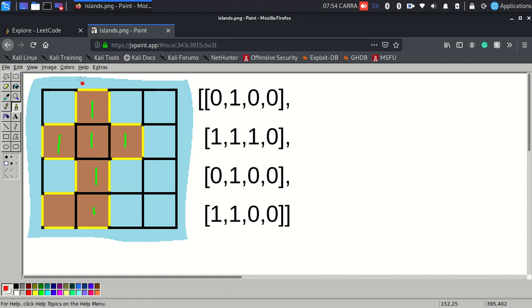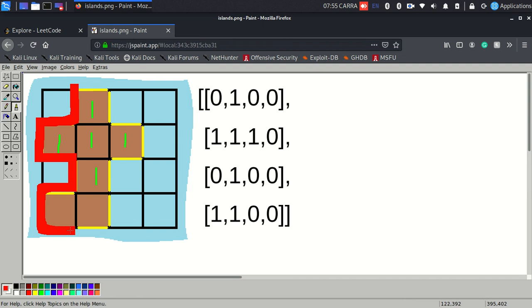Can you follow the red square? I am going through the perimeter. This is 1, this is 2, this is 3, this is 4, this is 5, this is 6, 7, 8.